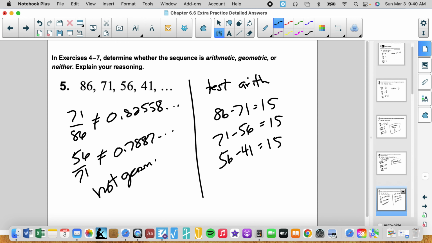So the difference is constant and the sequence is arithmetic, because each term is minus 15, and I can find the next terms in the sequence.